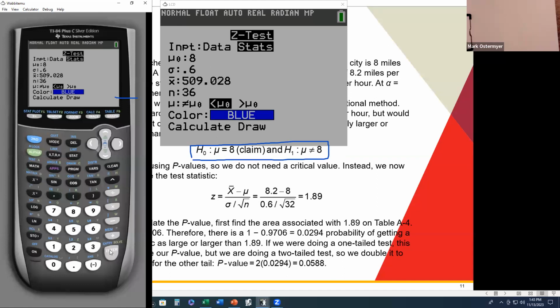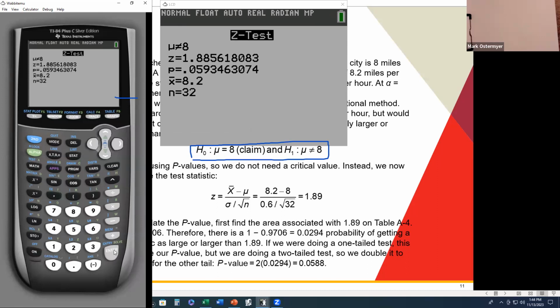The sample mean wind speed is 8.2 miles per hour. The sample size was 32 days. And this is what kind of a test? It's a two-tailed test. Do you agree? Because the alternative statement is not equal to. Go down and calculate. It's that simple. We're ready to do our z-test.